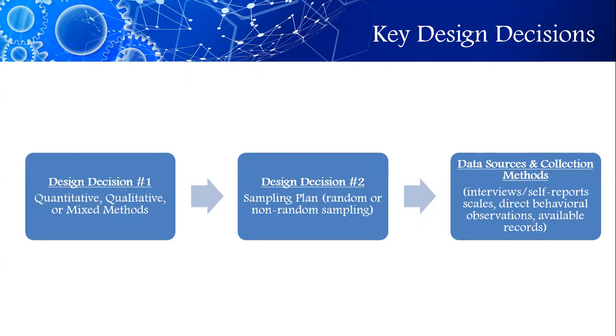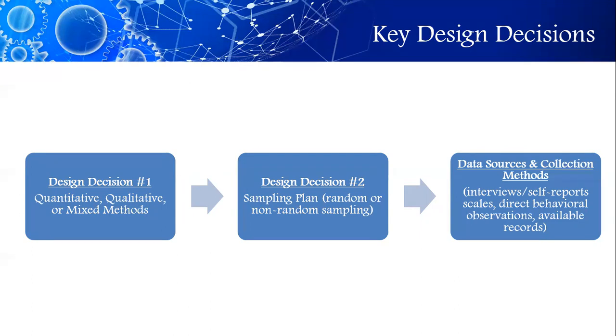What will my sampling plan be? How will I go about locating or sampling the participants in my study? Will I use a random sample or a non-random sample? We'll talk more about sampling methods later on in the semester, but this is definitely a decision that we have to make over the course of the research process, particularly when we get to this step.